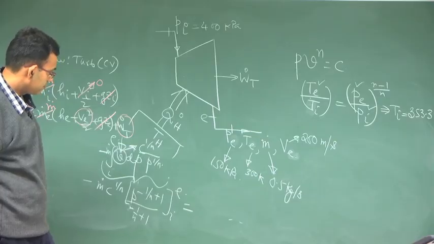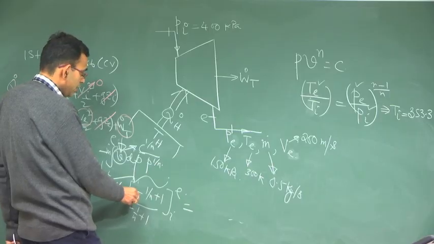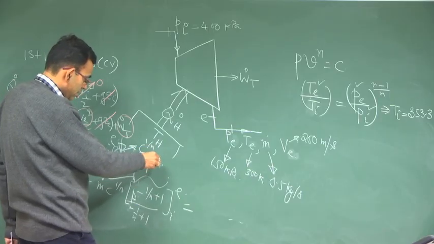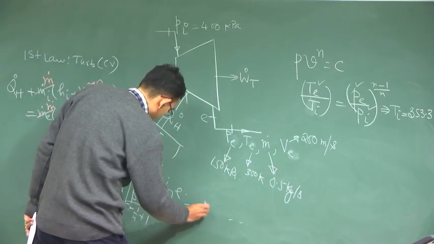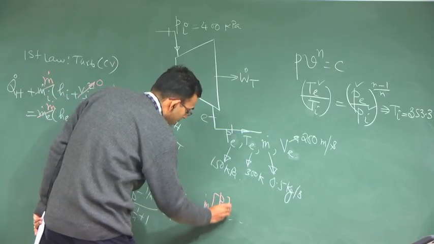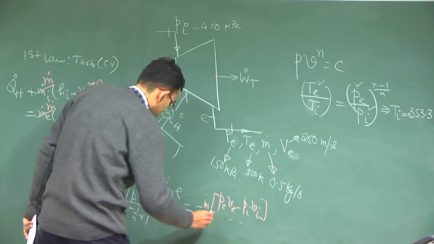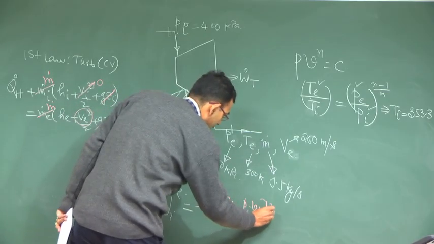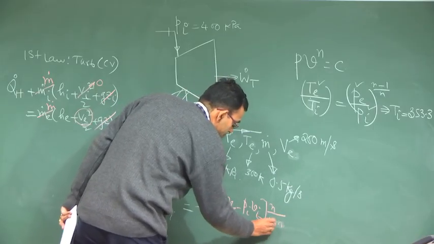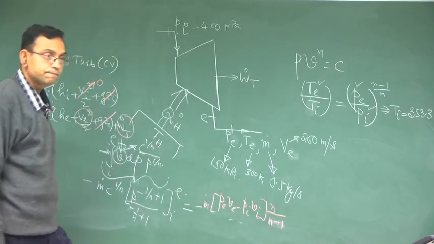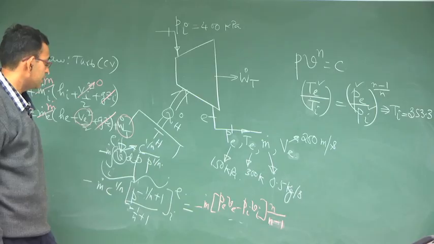So P to the power minus 1 by n into C to the power 1 by n is V, right. So minus m dot Pe Ve minus Pi Vi into n by n minus 1, right.